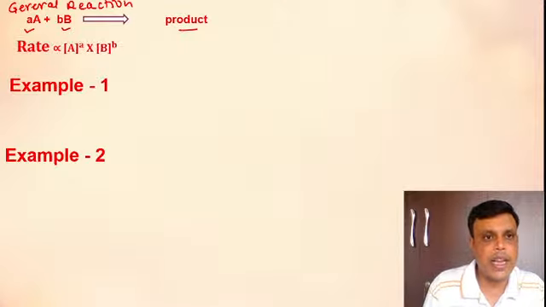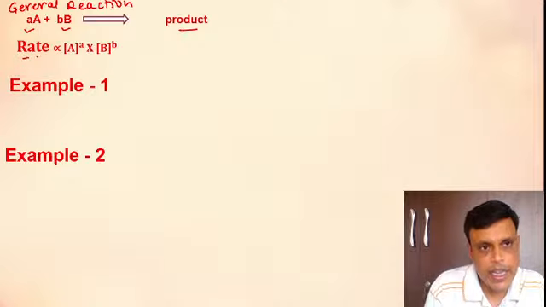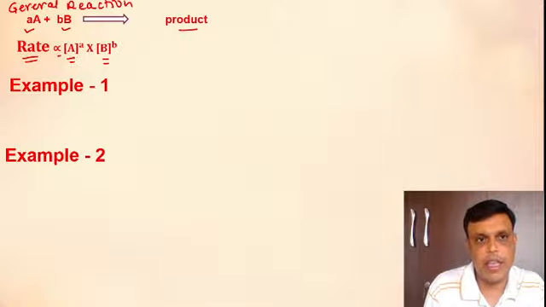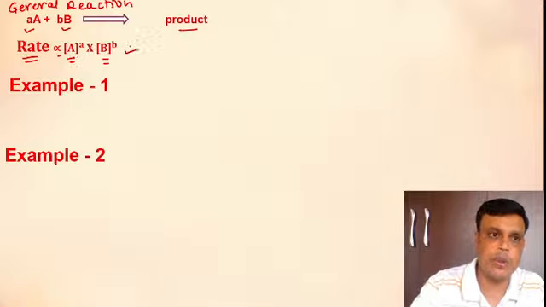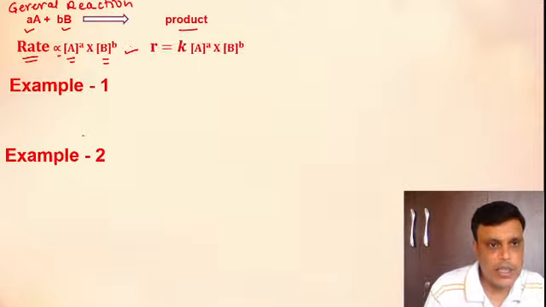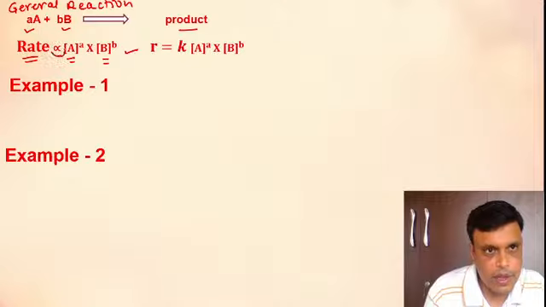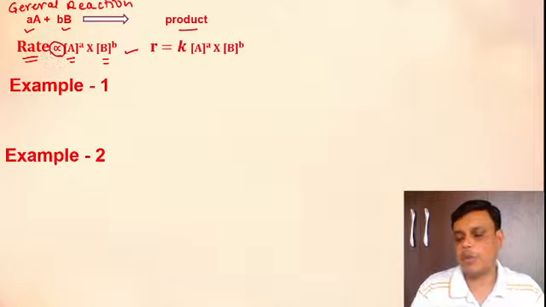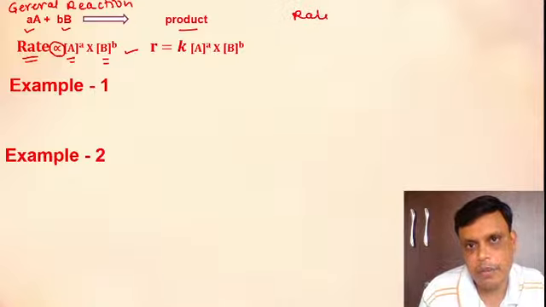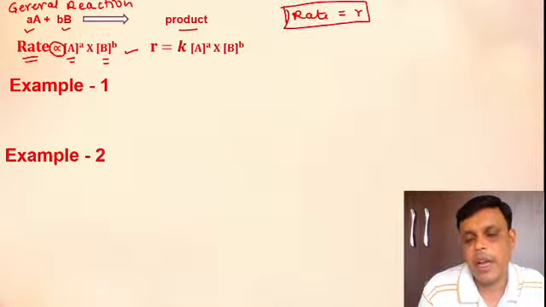The rate is directly proportional to the molar concentration of A into the molar concentration of B, and you have to put the stoichiometric amounts at the power side, a and b here. So in this way you have to write down the rate. Now if I want to remove this directly proportional sign, remember the rate is generally written by a small r.